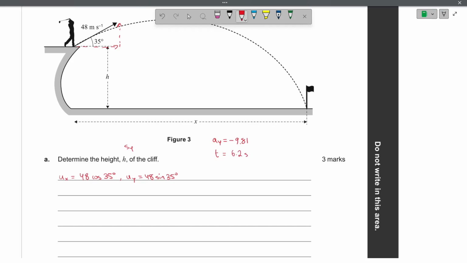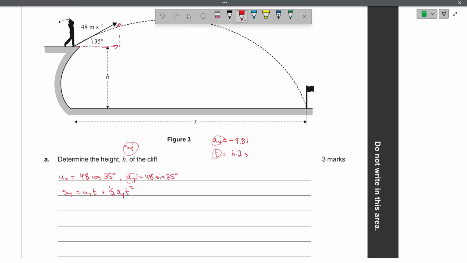I want to work out vertical displacement. I know acceleration, time, and initial velocity. You look for the appropriate SUVAT equation, and that equation is S equals ut plus half at squared.